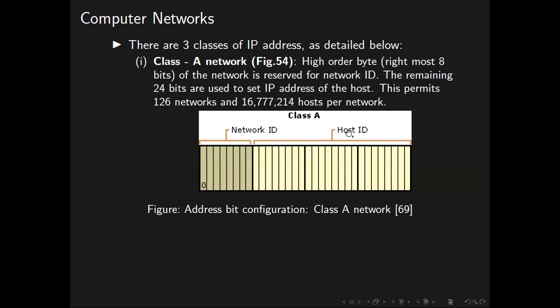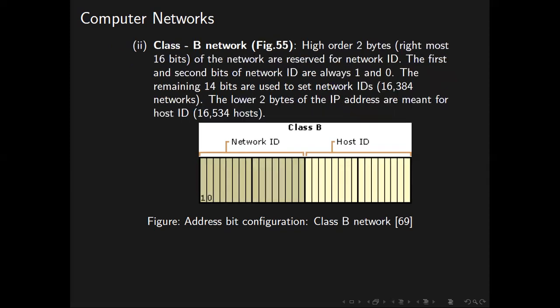Class A is the largest level network, and it can host how many connections? 16,777,214 computers can be connected to a Class A network, and 126 networks can be established.